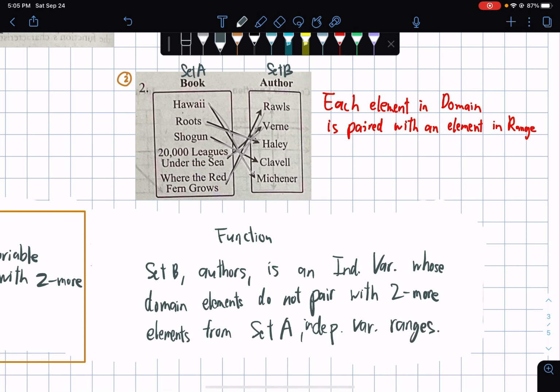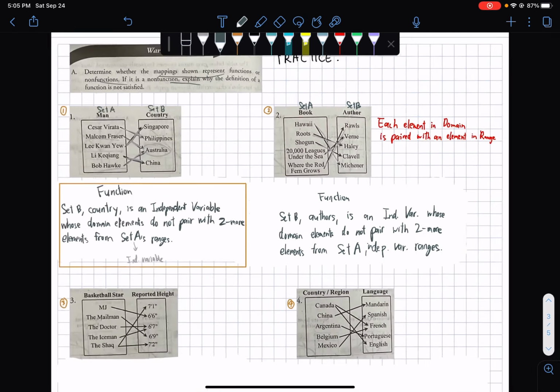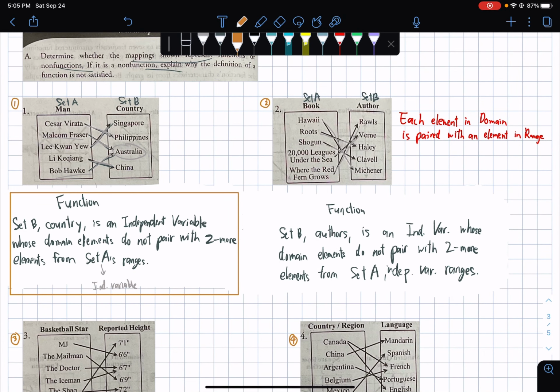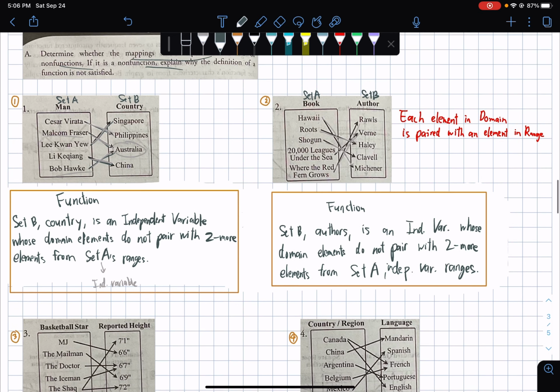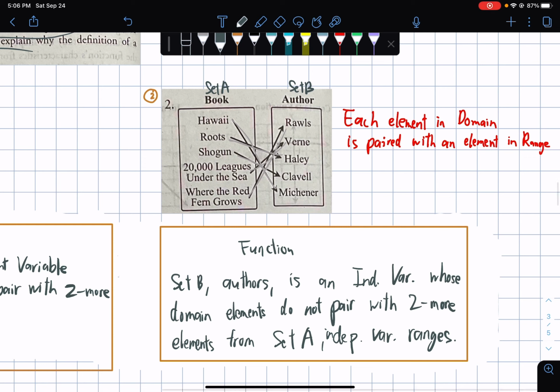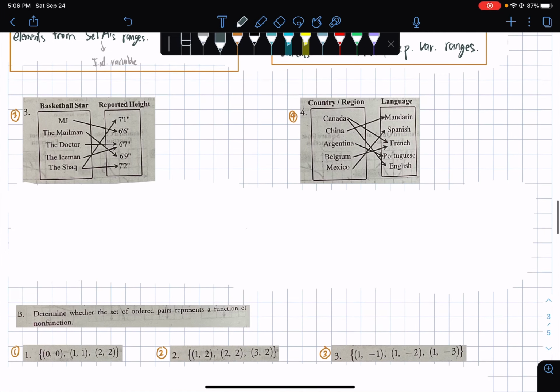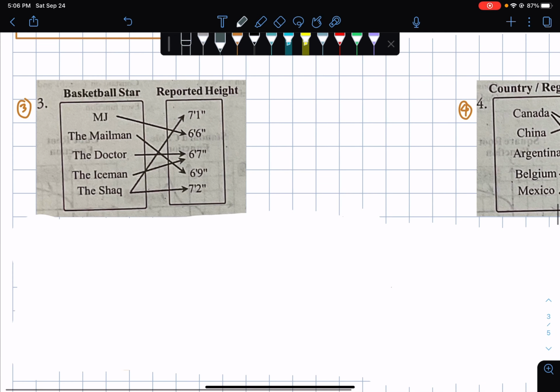That might not make sense, I apologize, but then I hope you do get the context. I made this reviewer a few weeks ago, and I'm starting to realize that it's becoming more inefficient as I haven't recorded it for quite a long time after it was created. So, yeah. But you do get the context. No element in the domain is associated with two or more elements in the range. So it's a function. Now, for number 3, we have basketball star.